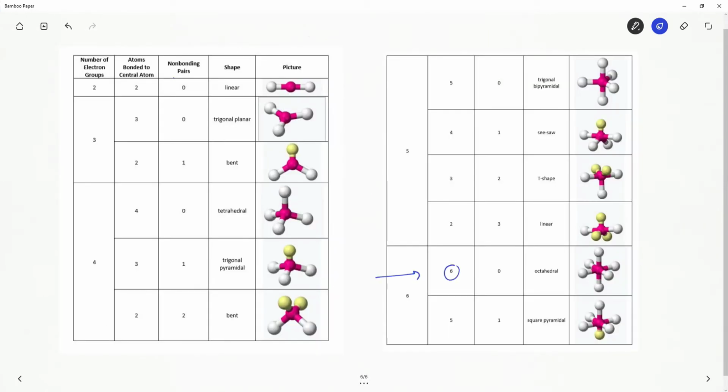Here is 6 atoms bonded to the central atom, 0 lone pairs. The shape is called octahedral, and here is a picture of what it looks like.